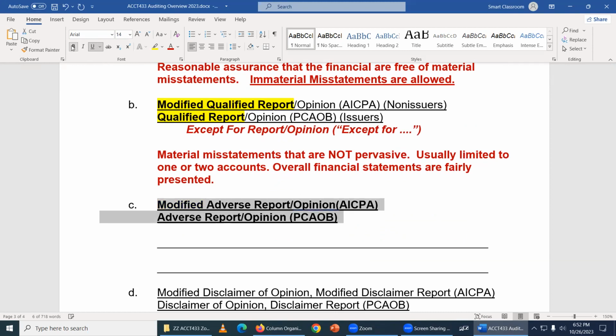These are the worst ones you can get. A modified adverse report, or adverse opinion.